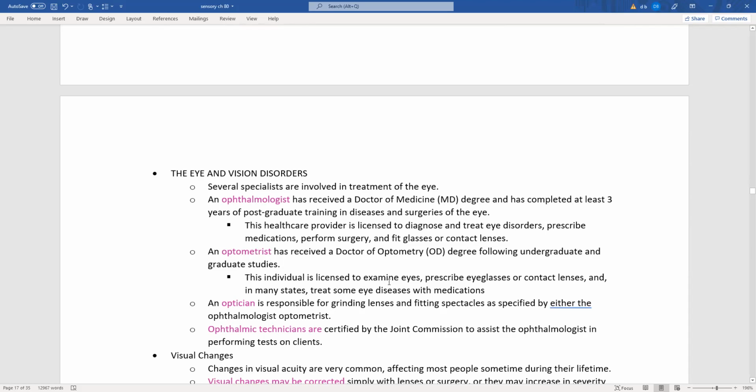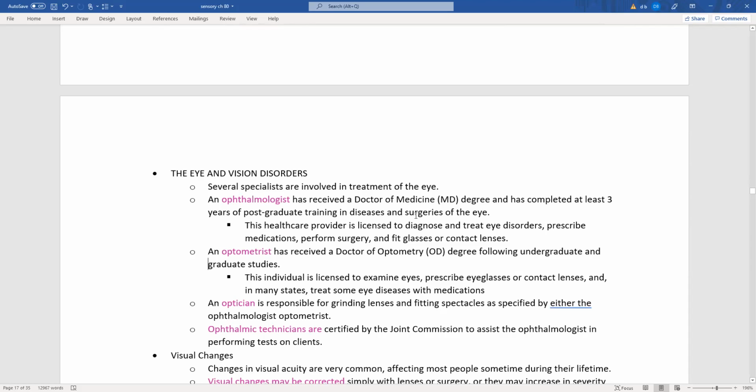And this individual is licensed to examine your eyes and prescribe eyeglasses or contact lenses and treat some eye disease with medications. But the ophthalmologist, the medical doctor, can cut you open and fix it, or remove it if he can't fix it.